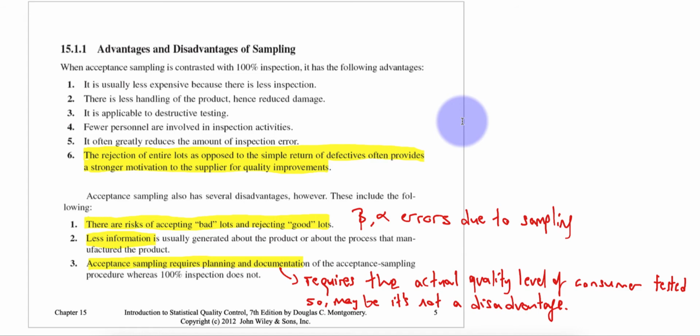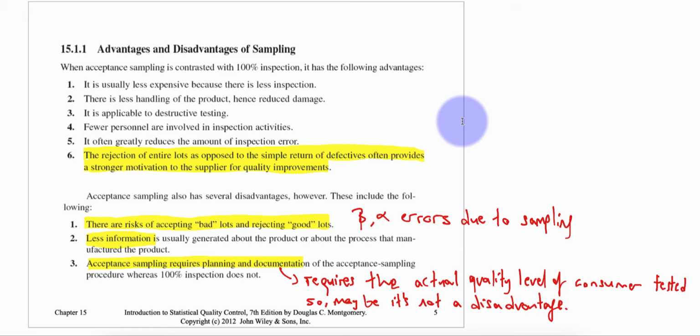Right? And besides advantages, acceptance sampling also has disadvantages. What are they? The first one, we have some risks in making acceptance sampling. Why? Because when we make judgments on the samples, maybe we can accept the bad lots or reject the good lots. How?